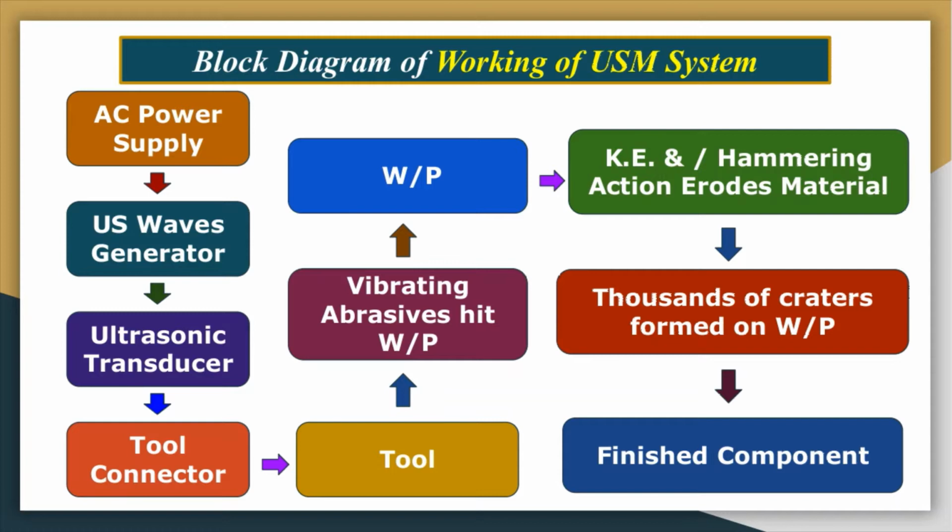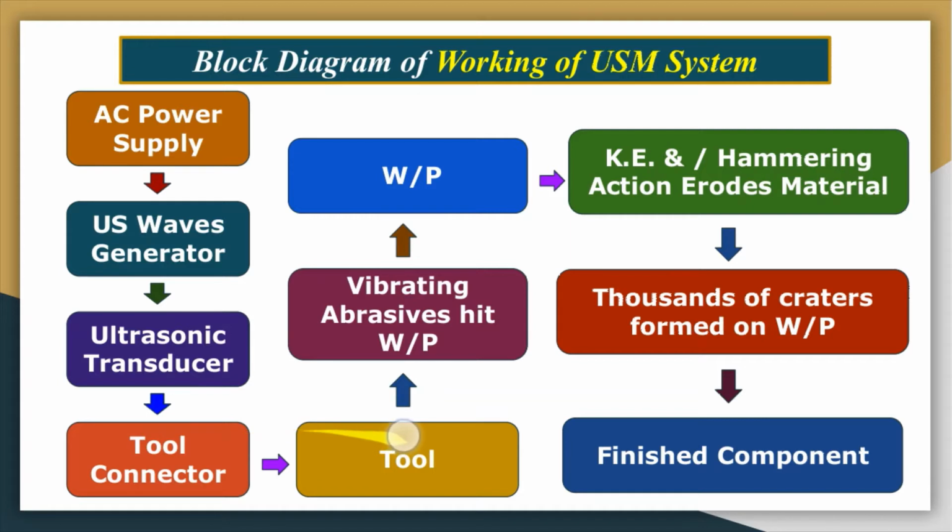Now in this block diagram we have an AC power supply, which is connected to the ultrasonic wave generator, and this generator is connected to the ultrasonic transducer. Then the ultrasonic transducer is connected to the tool connector which holds the tool.